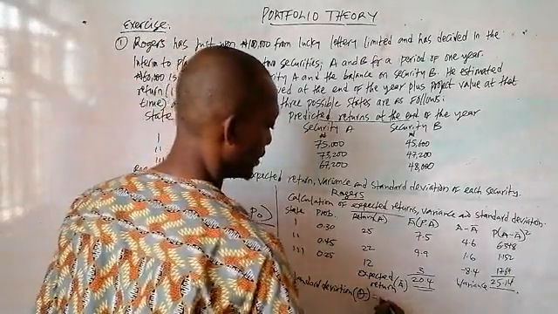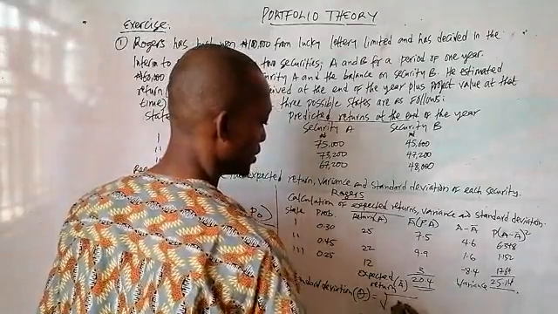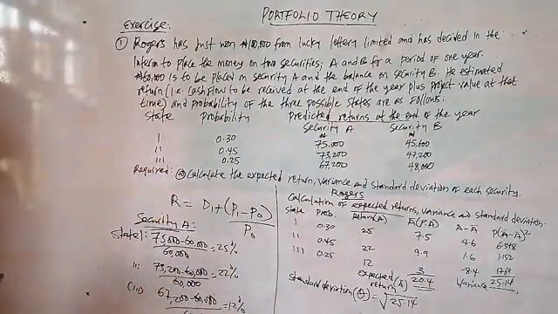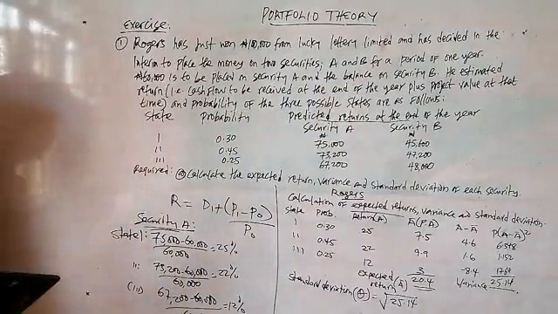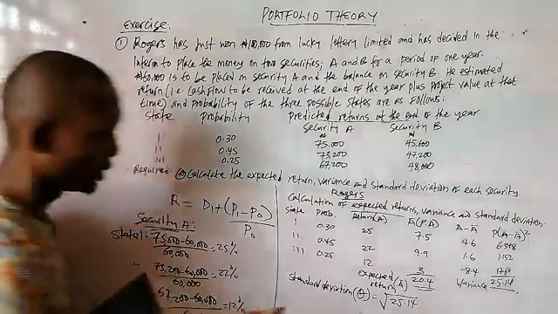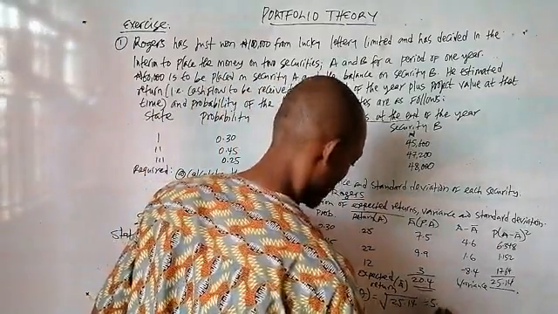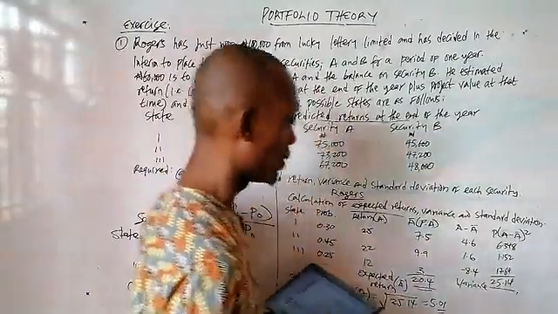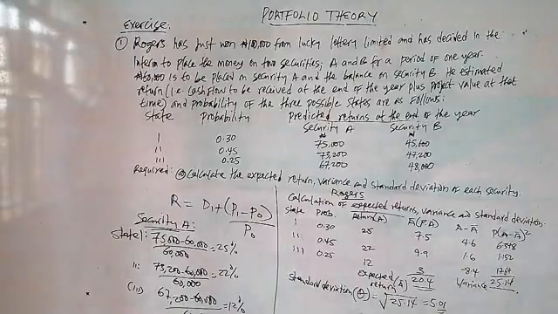Square root of 25.14 is 5.01. So 5.01 here is our standard deviation.